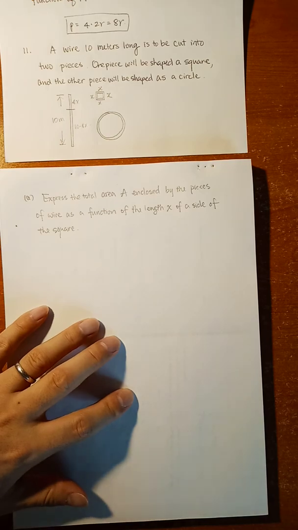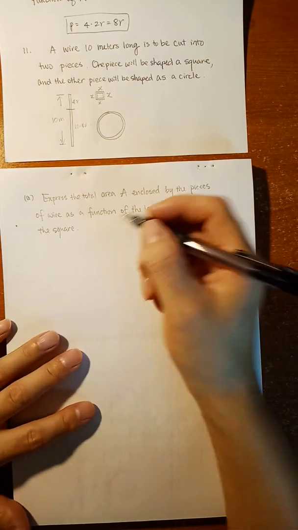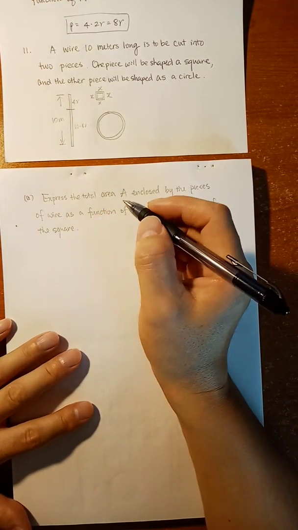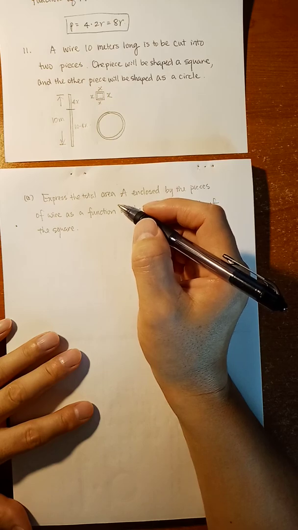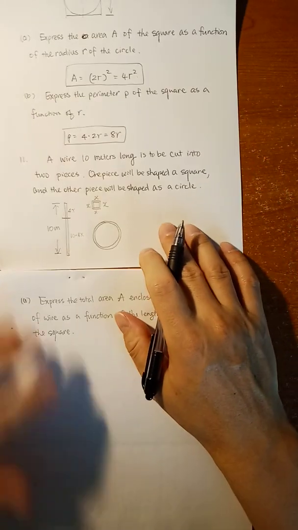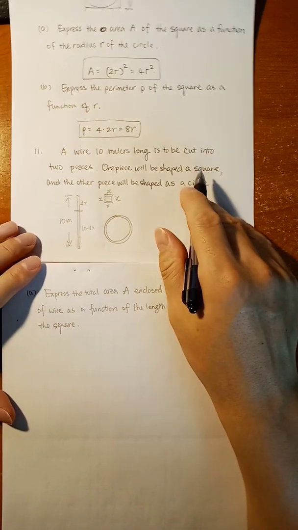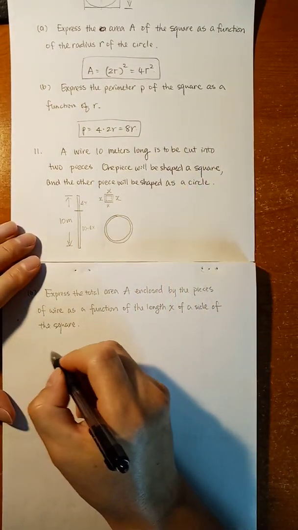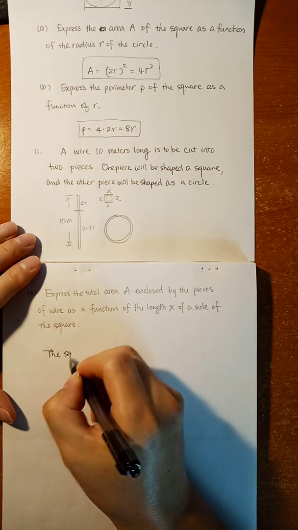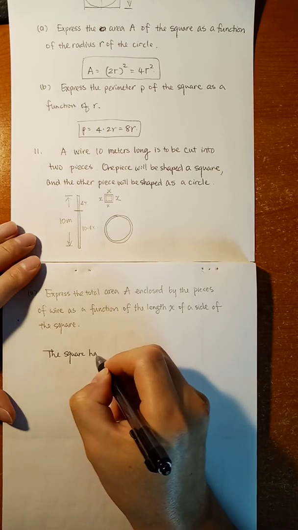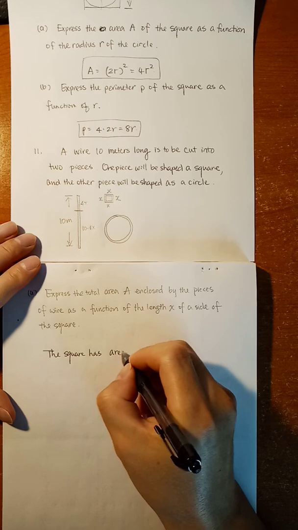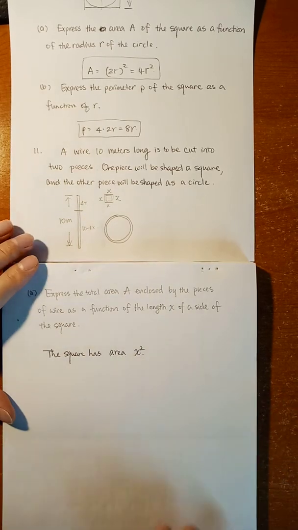Anyway, let me still use the pen. Let's check here. The square has area x squared. So this one is clear.